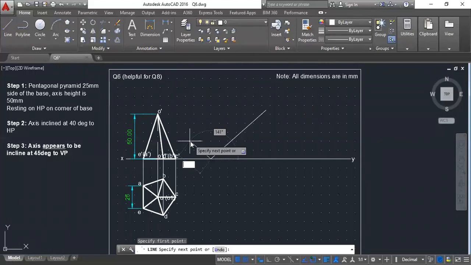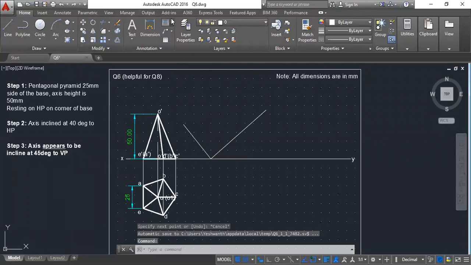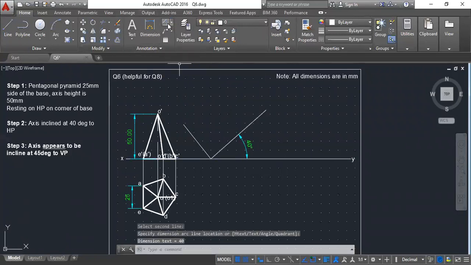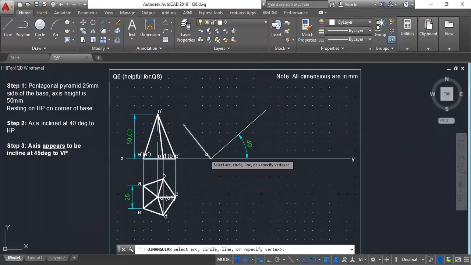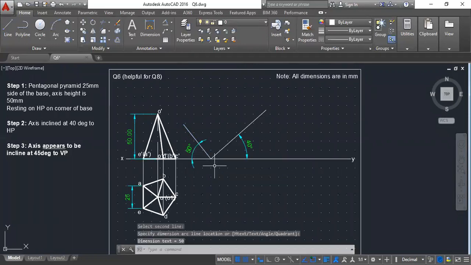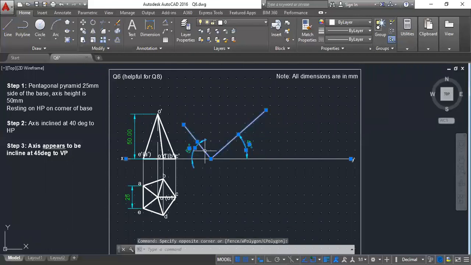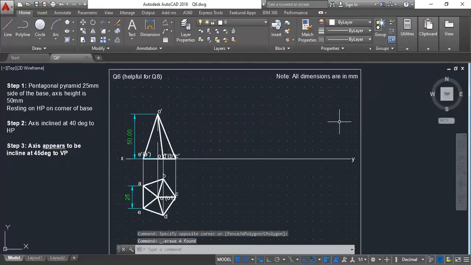Let me take some random value. So if the axis is inclined at 40 degrees, the base will be inclined at 90 minus 40 degrees. This particular logic we are going to use when we draw step 2. Please remember this: when the axis is inclined at theta, the base will be inclined at 90 minus theta.